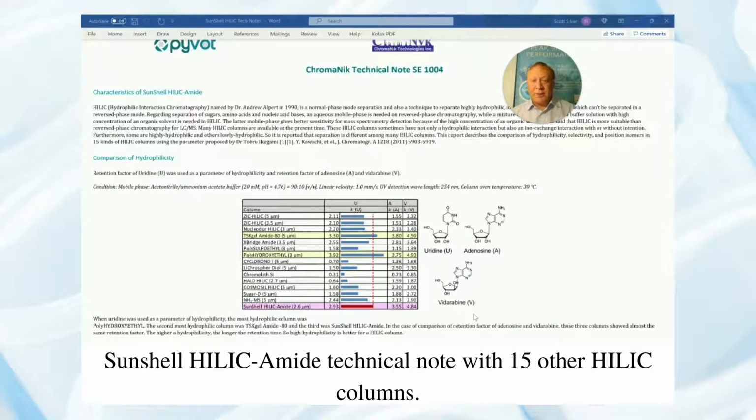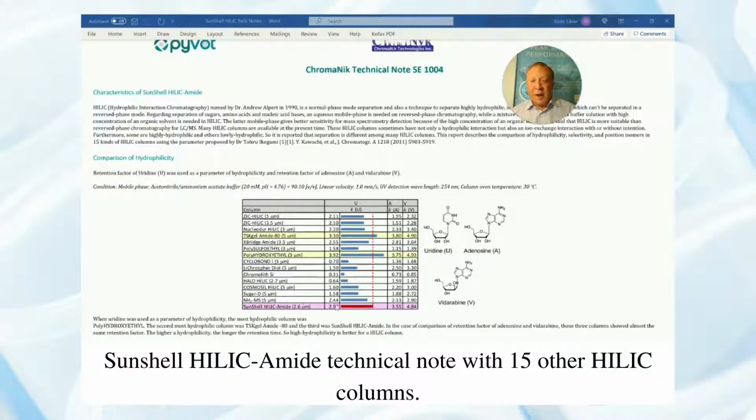Now, going into this, we're going to focus on 3 columns here. On the bottom, the Sunshell HILIC-Amide column is one of the 3 most hydrophilic columns in this comparison.